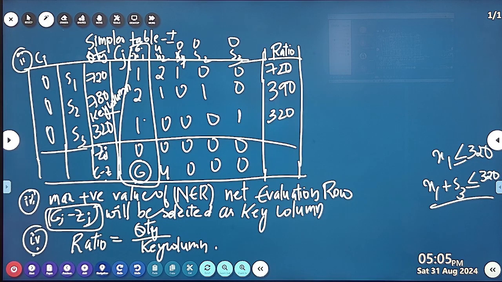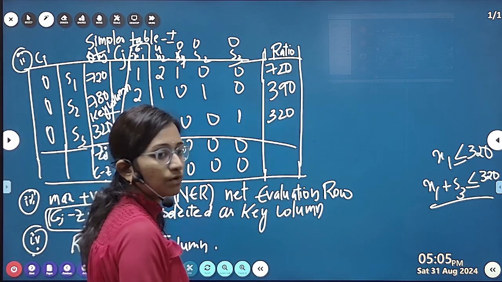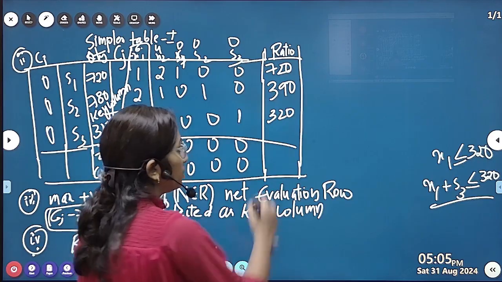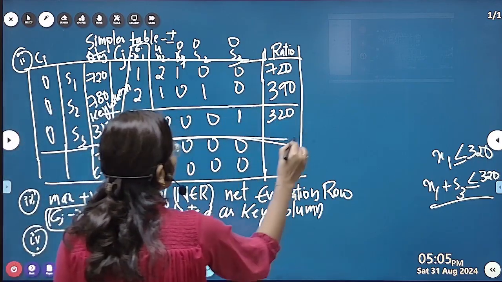Okay, written. So minimum positive value of what? Ratio. So what is the minimum positive value in the ratio? 320. So this row will be the key row.